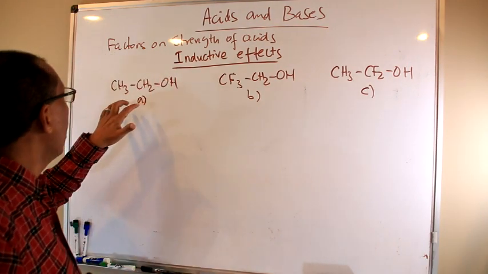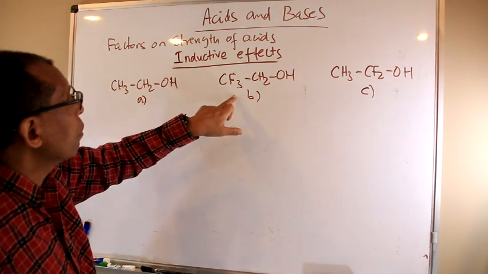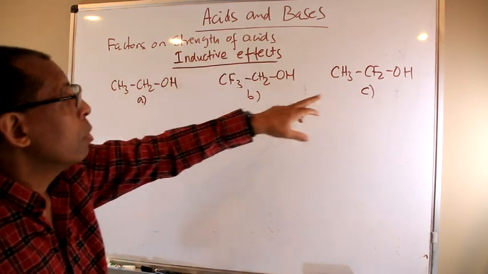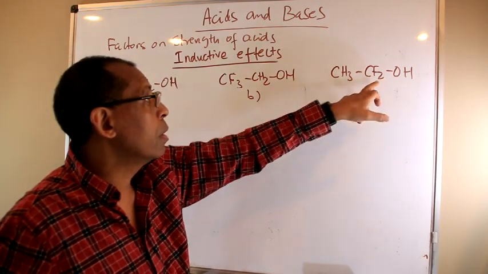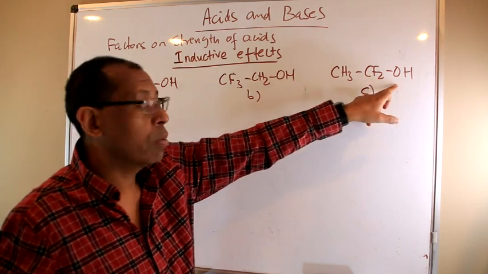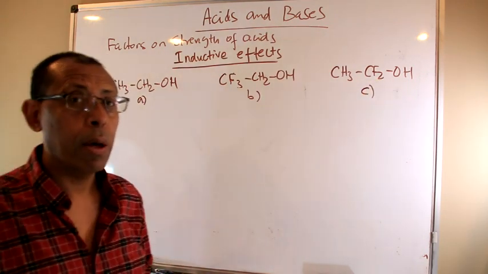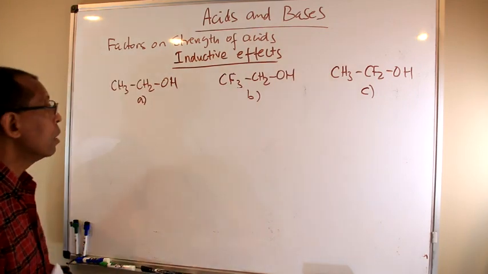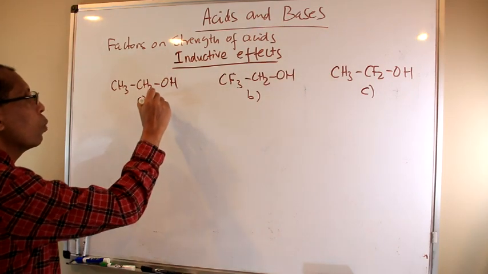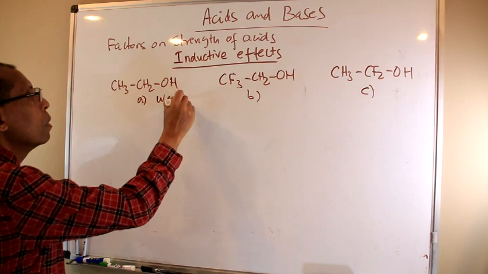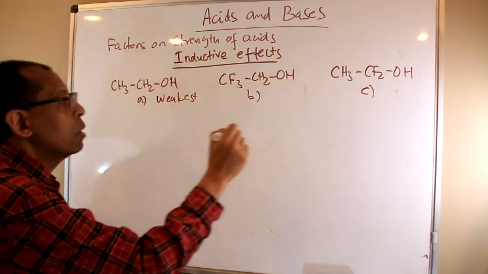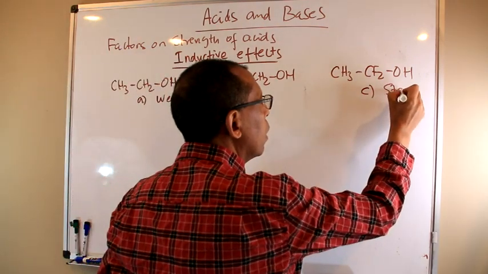You have ethanol, you have trifluoroethanol, you have also still ethanol, but the fluorines are next to the oxygen. So if you were qualitatively assessing, A is the weakest acid, and this is the strongest.